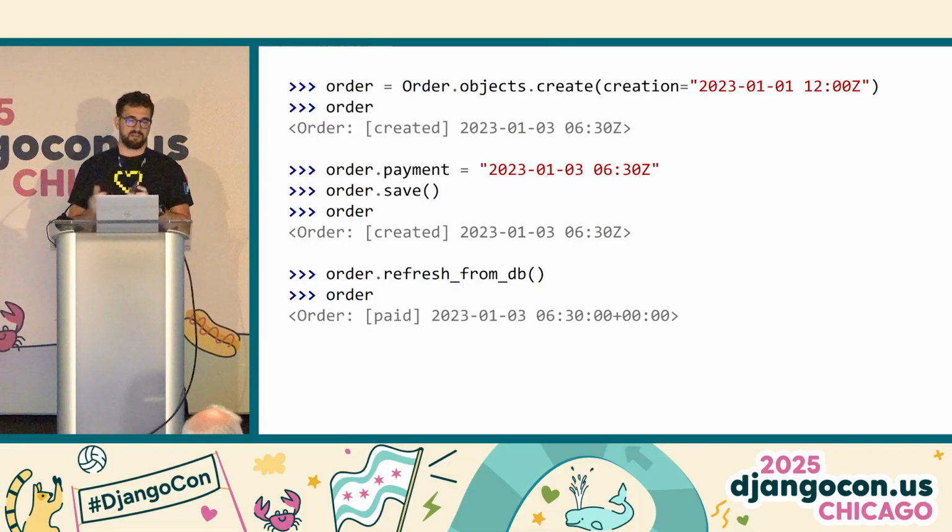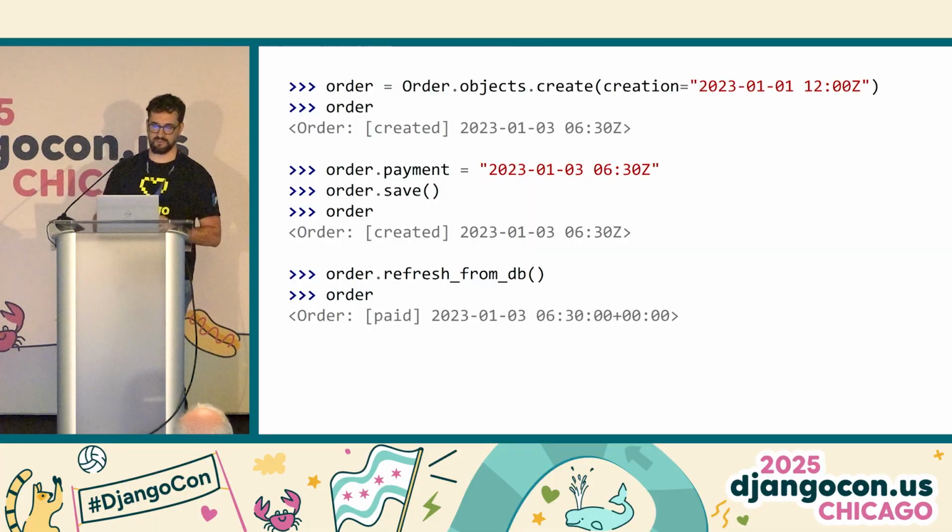For example, we instantiate the order, and when we represent it, we see the created state, and at a certain point in the flow, we want to change, and we want to add the payment date, and we can also save the instance in the database.